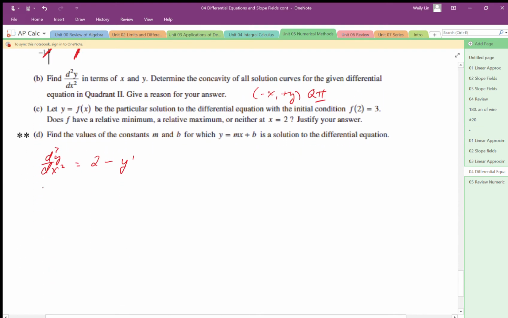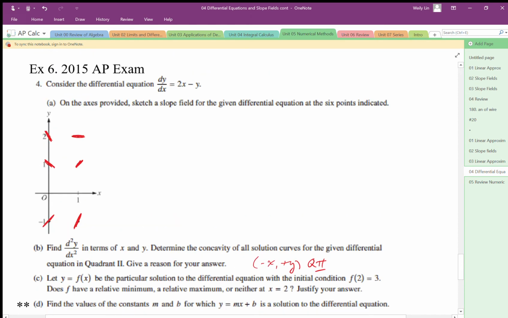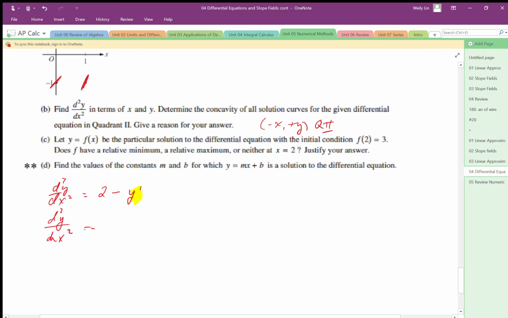I should express that second derivative in terms of x and y, so I can replace that y prime with this expression, 2x minus y. So it's going to equal 2 minus (2x minus y). So my second derivative is essentially y plus 2 minus 2x. That's the equation of my second derivative.